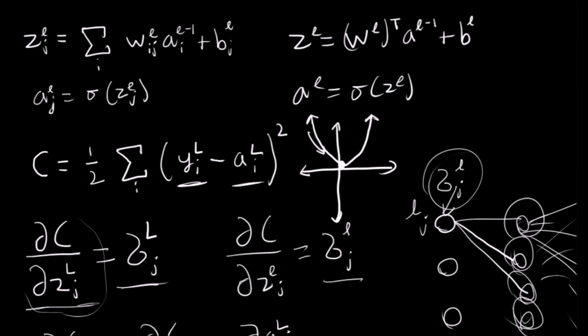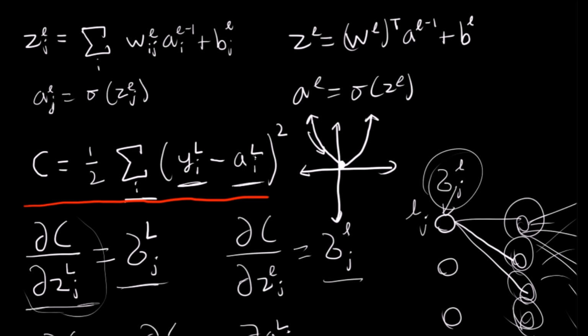All right, well, we simply need to take the partial derivative. I say simply right now, but it may look pretty complicated because of the sigma right here. We want to take the partial derivative of this with respect to ALJ. So let's think about what we're doing when we're taking a partial derivative. We're keeping every other variable constant except for the one that we're taking a partial derivative for.